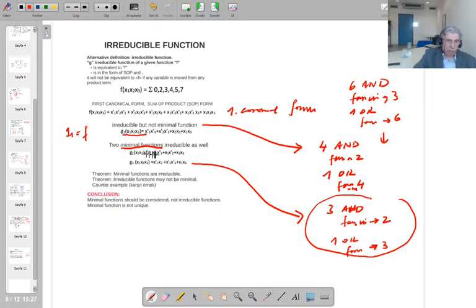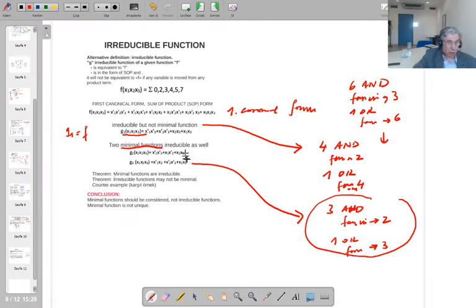So this minimal function is irreducible. Why is that? Because if you remove one of the variables here, it is not equivalent to f anymore. Because we said you're going to have a minimal number of product terms, and in each product term, the number of variables should be minimal. When you remove it, if it is still equivalent, then that means we've got an extra variable here.